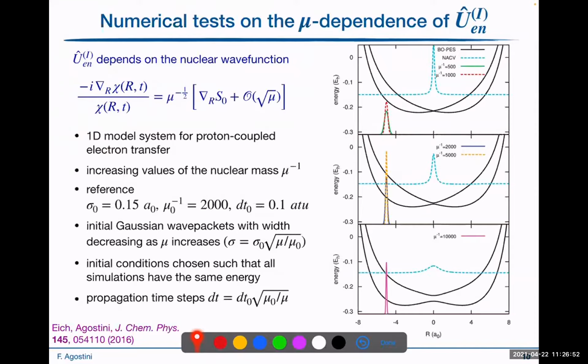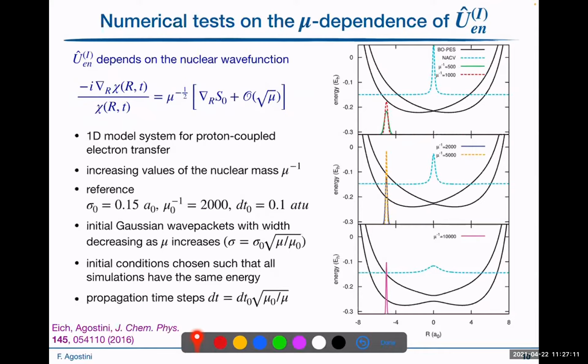And if we use the complex phase representation and the expansion in powers of mu of this term, we get that the leading term is of order mu to the power minus 1/2. And so we wanted to test this dependence.